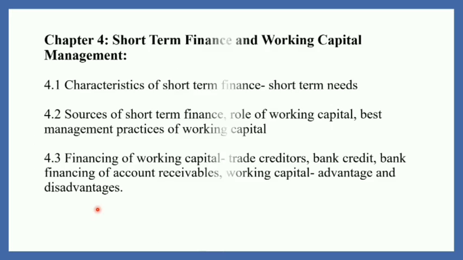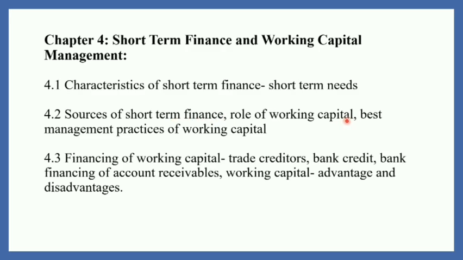Your last chapter is short-term finance and working capital management. In this, we will first see the characteristics of short-term finance and short-term needs: what the characteristics of short-term finance are and why we need it. Next are the sources of short-term finance: what various sources are available to an industry.